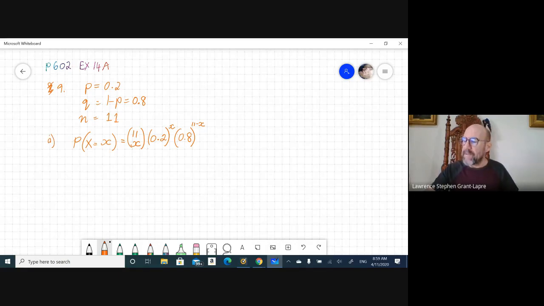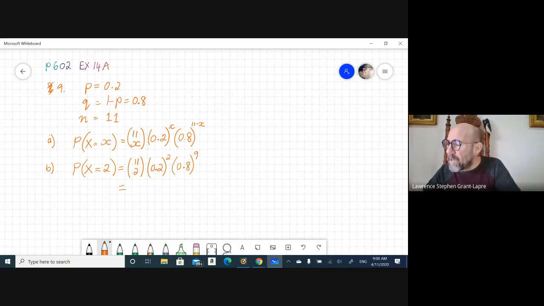That was part A. Part B. Use the rule to calculate the probability of selecting exactly 2 left-handers. Okay, we want exactly 2. That is 11C2, 0.2 to the power of 2, and 0.8 to the power of 11 minus 2, which is 9.